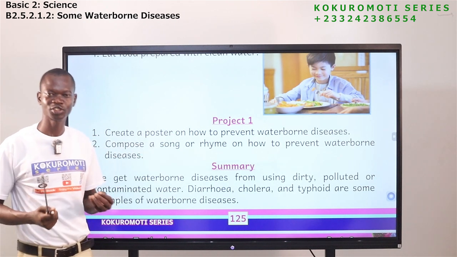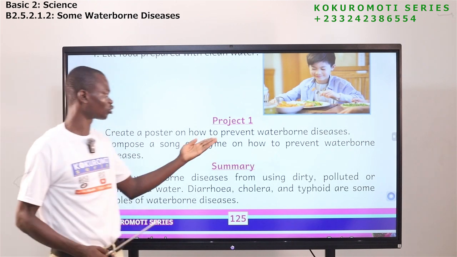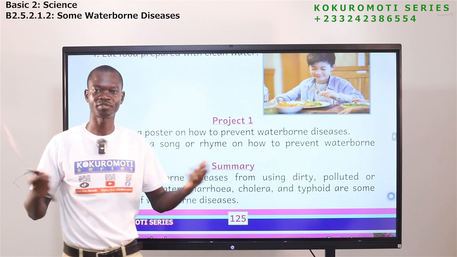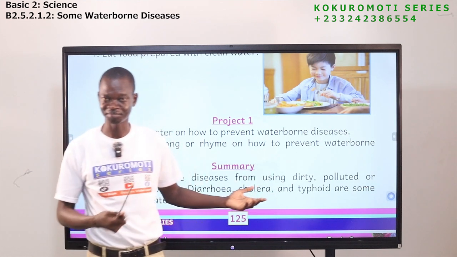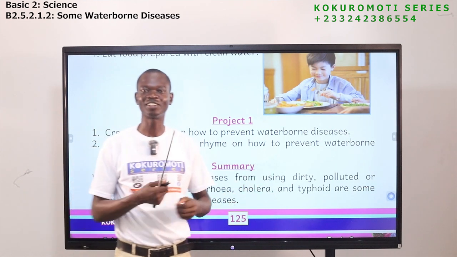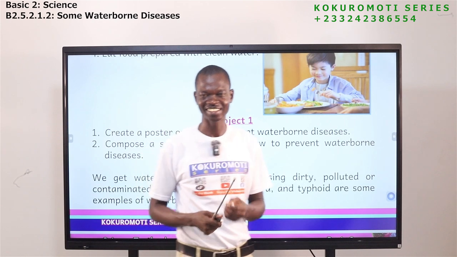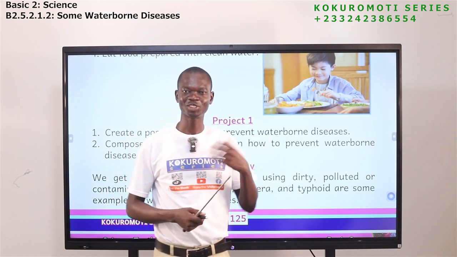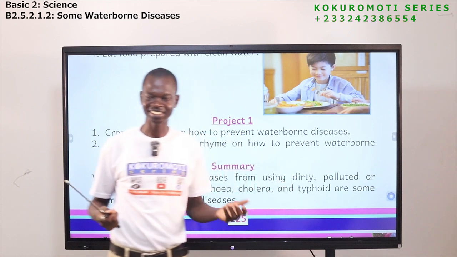The poster should communicate something about how to prevent waterborne diseases. So how do we prevent waterborne diseases? We should boil the water to kill all the germs before we drink. What else?